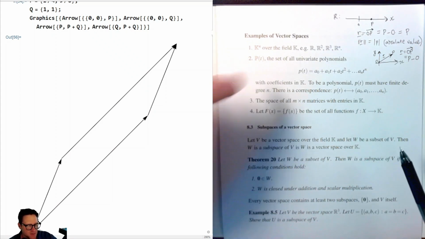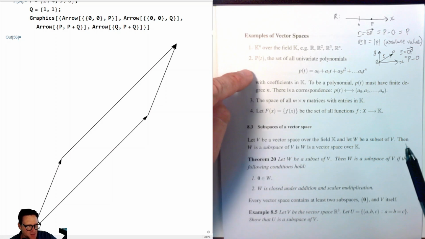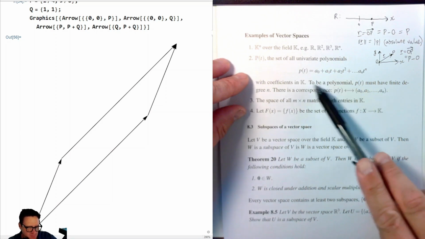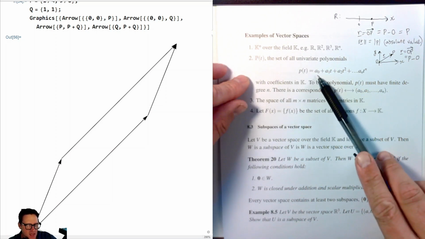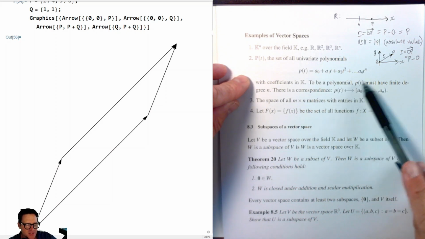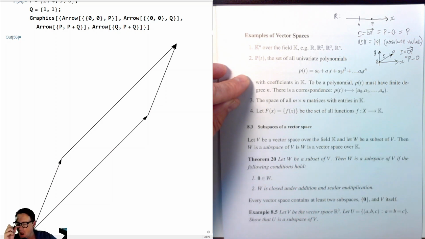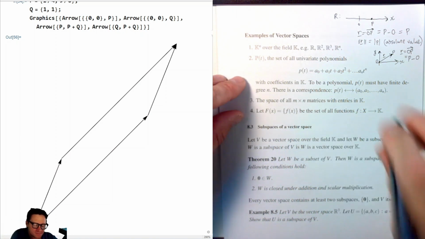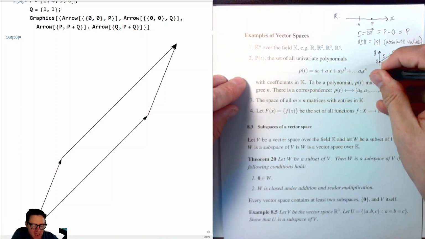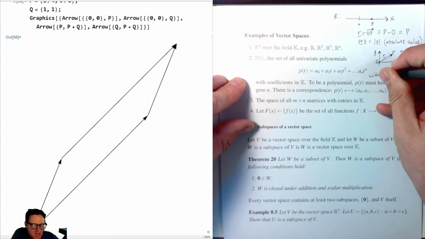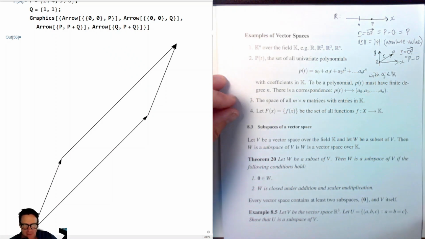All right, another example. The set of all univariate polynomials p of t, where a0, a1, a2, and so on up to an are elements of the field K. So this has all of the a subscript j belonging to the field K, the field of scalars.